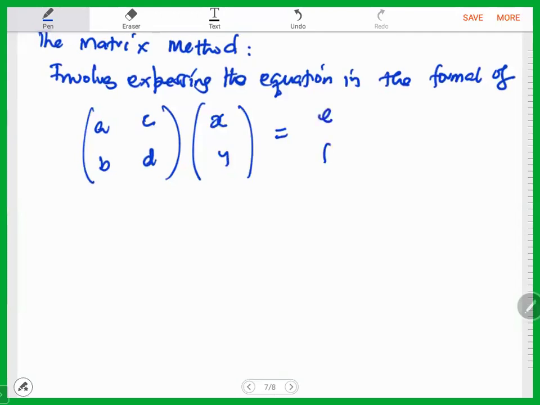So it involves expressing an equation in that format.